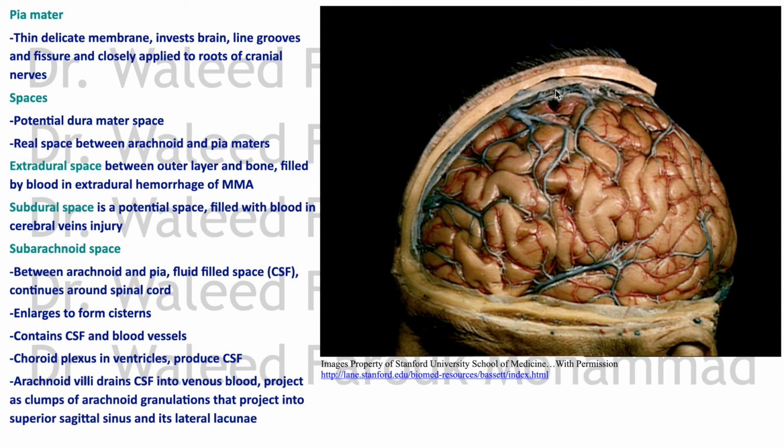Arachnoid granulations for drainage, and the choroid plexus for production. Anything that affects drainage, blocks drainage, or increased production, like a tumor, increases the pressure of the CSF inside.